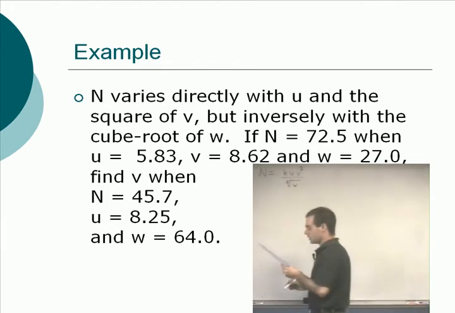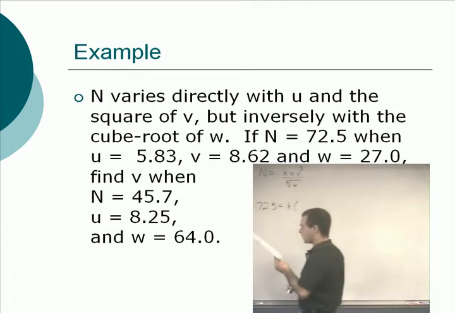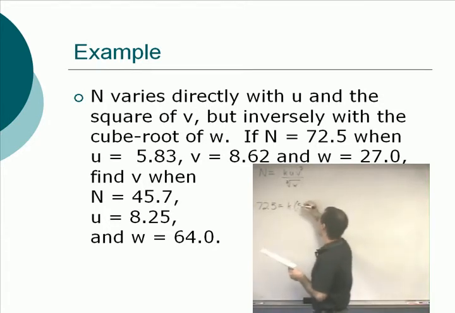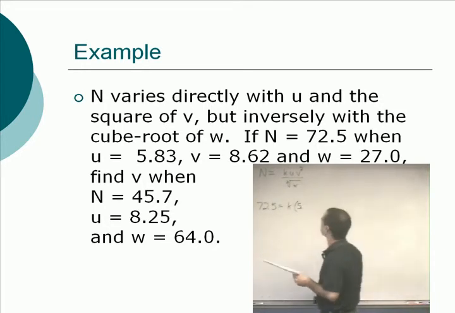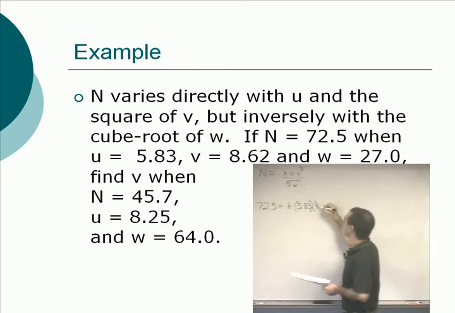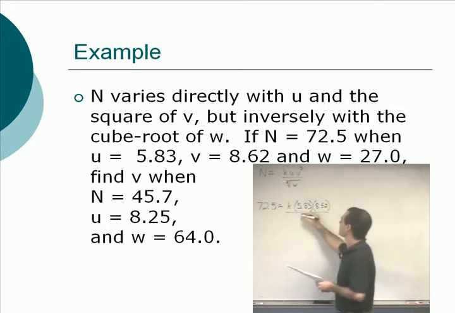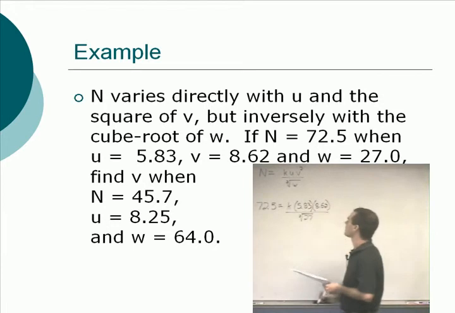We're told that if N equals 72.5, when U is 5.83, and V is 8.62, and W is 27, so we have the cube root of 27.